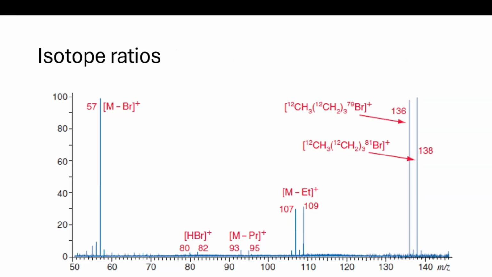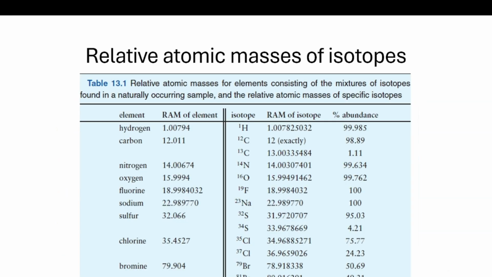And so looking back at the graph, this vertical axis is relative abundance. We see fairly equal peaks that correspond to both of the isotopes. So that's a very important thing to keep in mind.